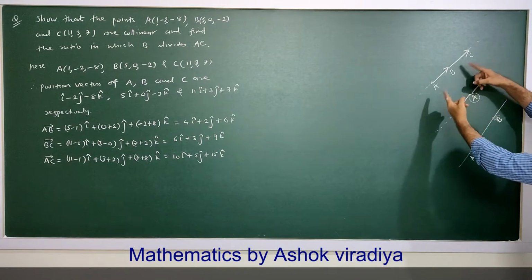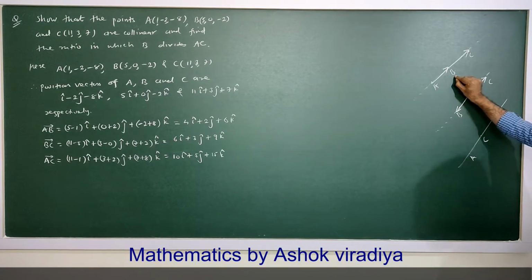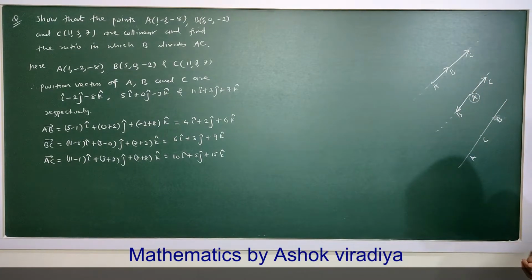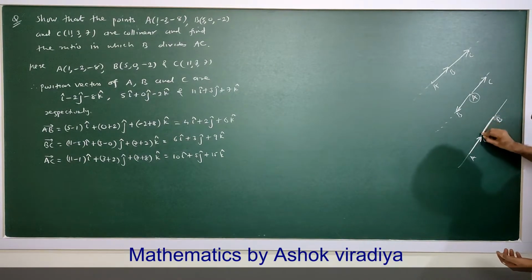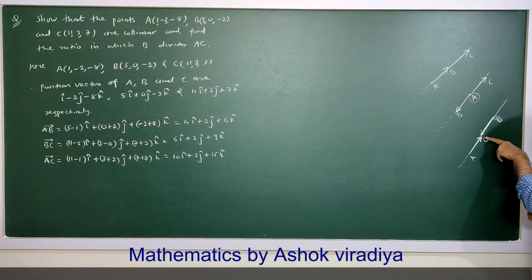Two vectors are collinear in which the terminal point of the first vector is equal to the initial point of the second vector, then also collinear. If you check for vector AC and vector BC, see here, the terminal points are the same.